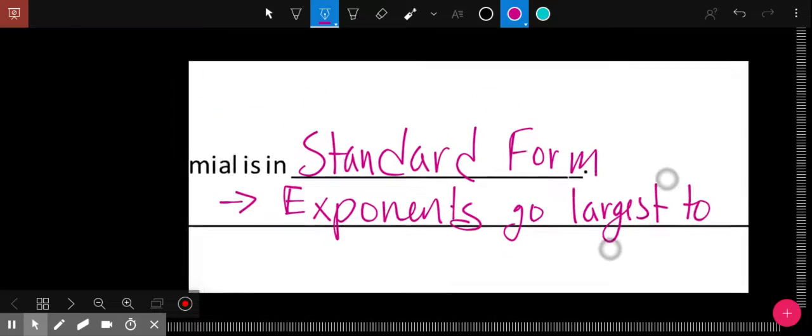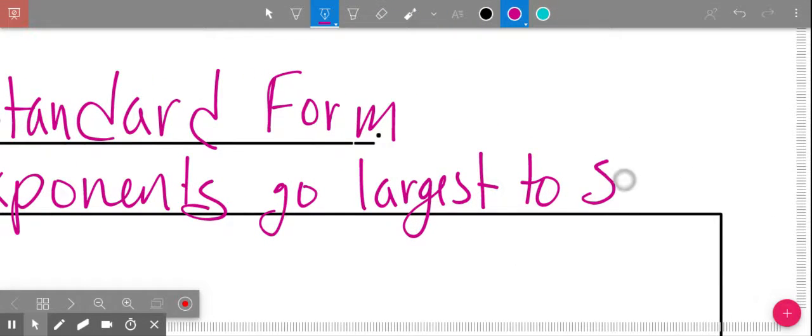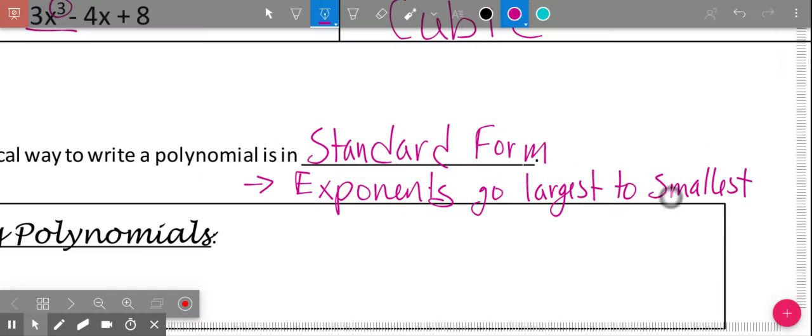So we're always going to make sure that we start with the largest exponent first and go smallest. That makes it easier to classify it by degree, and it makes it easier to work with too. So anytime I give you an answer or we're talking about writing our answers, you always want your exponents to go from largest to smallest.